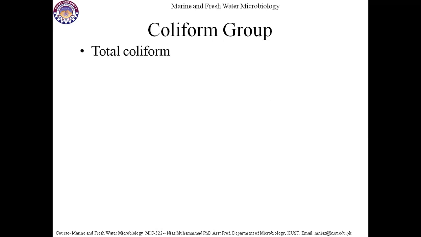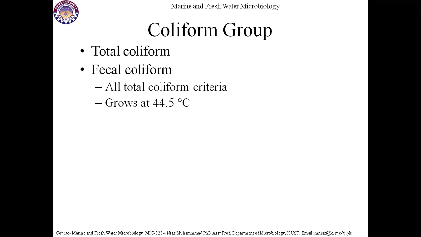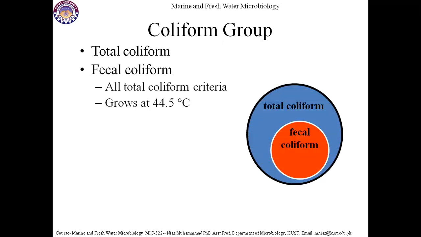Coliform group: this is total coliform, fecal coliform, all total coliform criteria that grow at 44.5 degrees C. Suppose first we are checking total coliform, and fecal coliform which can grow at 44.5 degrees C, and other coliforms can grow at 37 degrees.